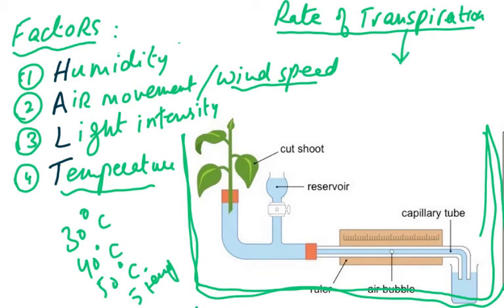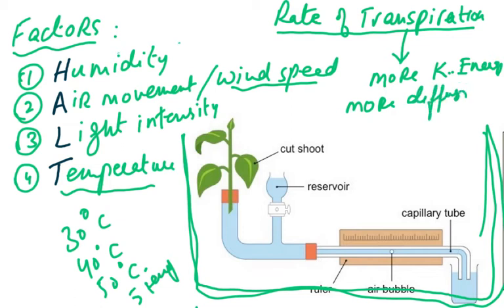Why? More temperature means more kinetic energy. So more what? More diffusion of water. Here we are not talking of osmosis because water is moving in a column. More diffusion of water, more water moving up the column, and more evaporation.